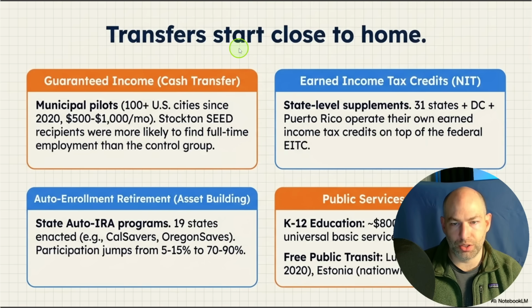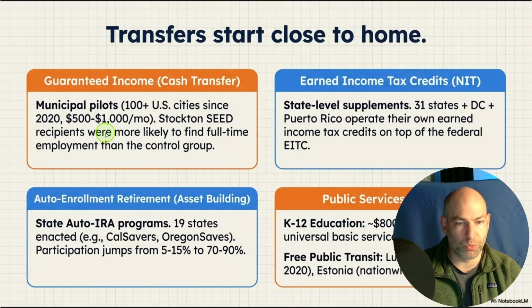So transfers, to start to dig a little bit deeper into what we mean by transfers. What can we do? What are some examples? First is guaranteed income. So this is cash transfers, where there have been lots and lots of pilots around America, as well as in other nations and other cities around the world. So 100 plus US cities since 2020 have done $500 to $1,000 a month.